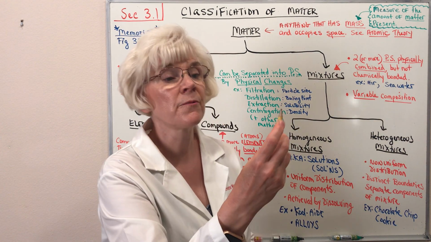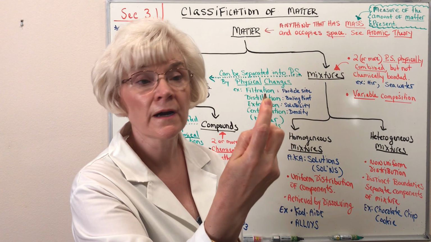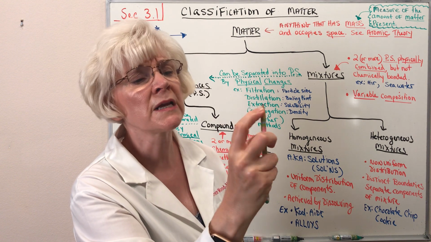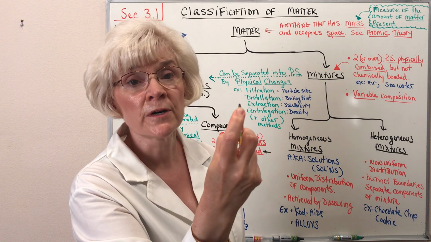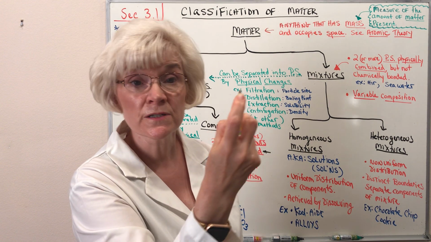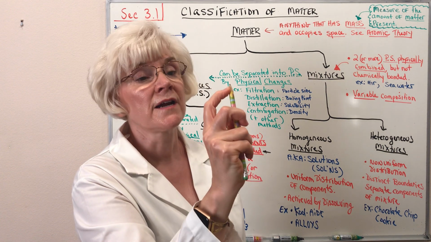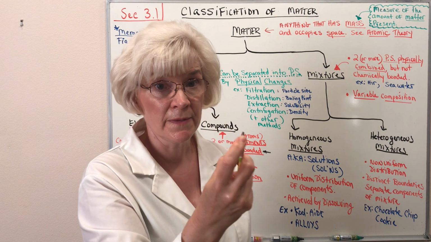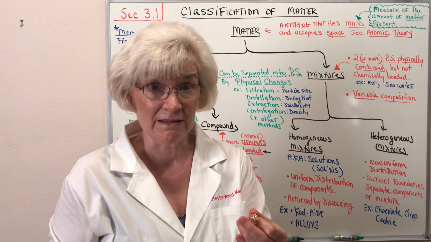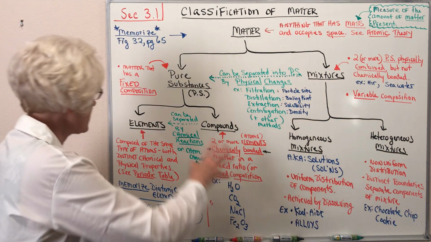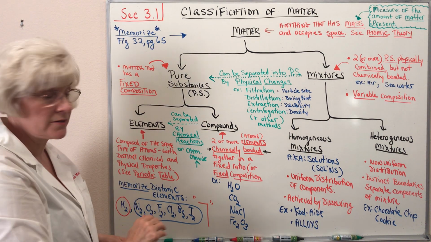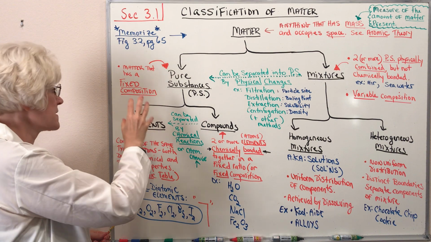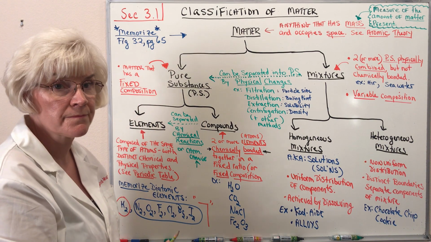The most common way, and I'm trying to point to the tip of this pencil, which needs sharpening, the most common form of the element carbon is graphite. So pencil lead is an example of the element carbon, but so is diamond. So diamonds would fall under the element category, pure substance, specifically atoms of the element carbon.